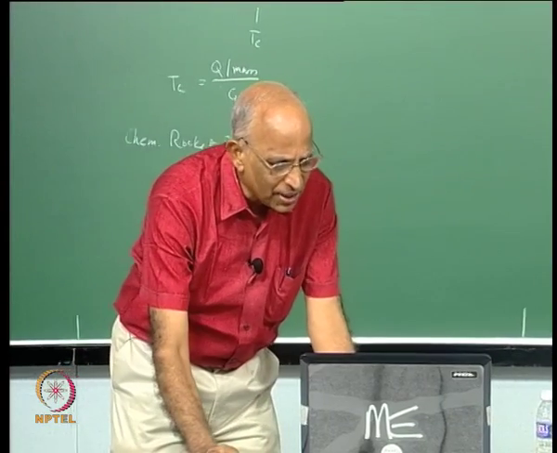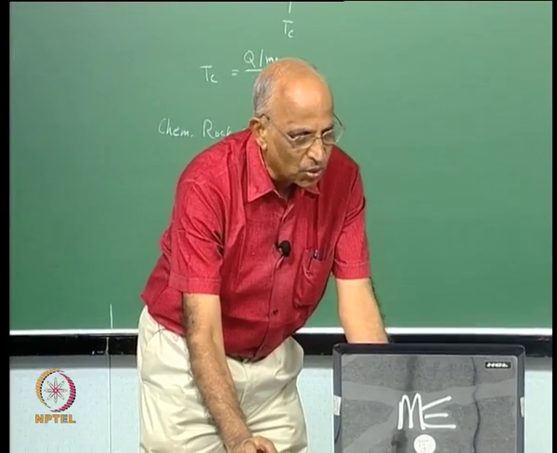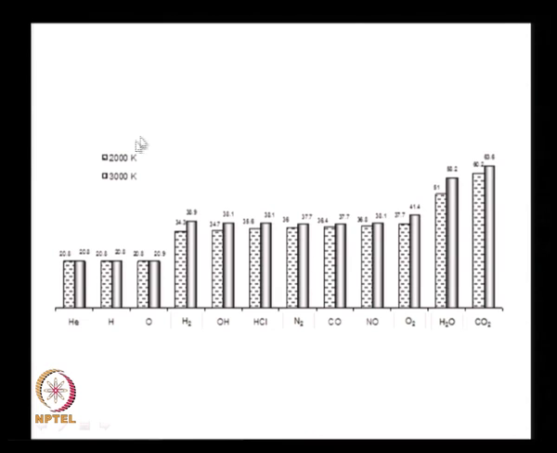Here I say helium, which is monoatomic, at two temperatures of 2000 Kelvin and 3000 Kelvin, with change in temperature there is hardly any change. Therefore, irrespective of temperature, for the monoatomic, maybe helium, hydrogen atom, oxygen atom, the value is around 20.